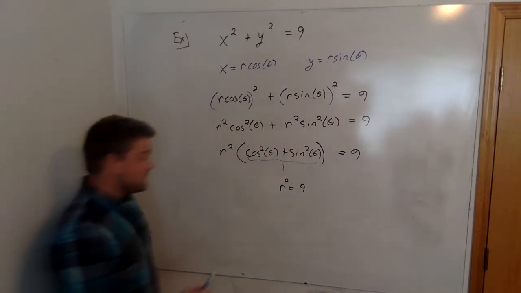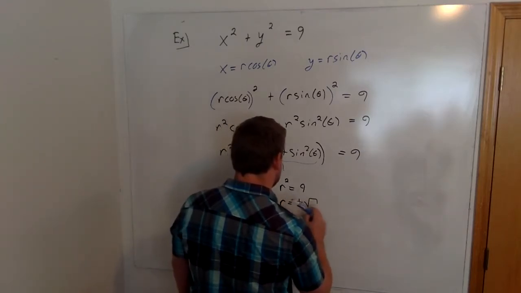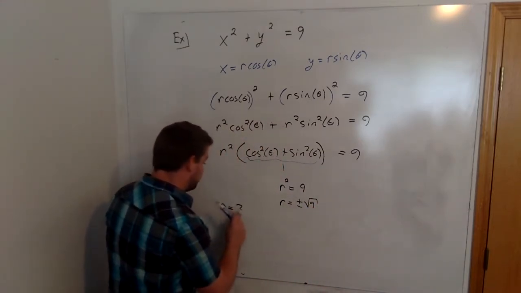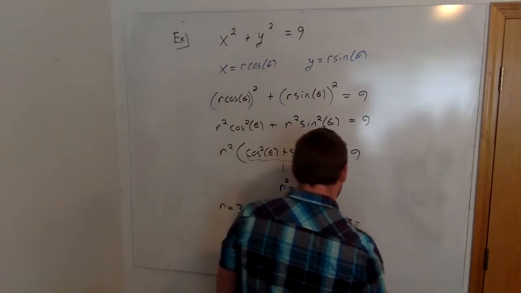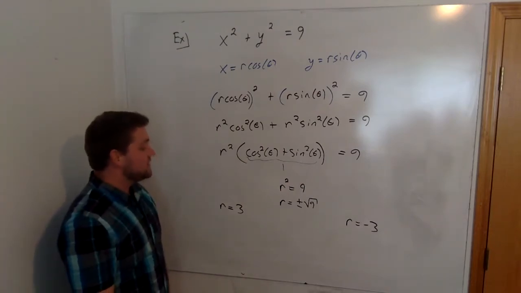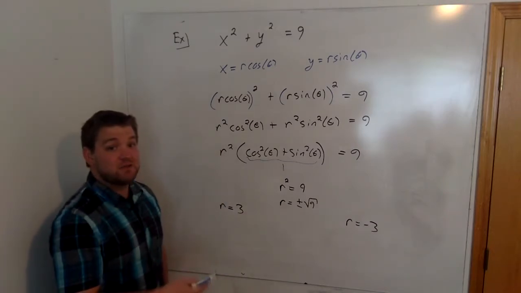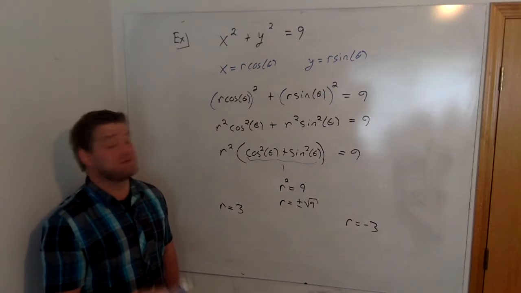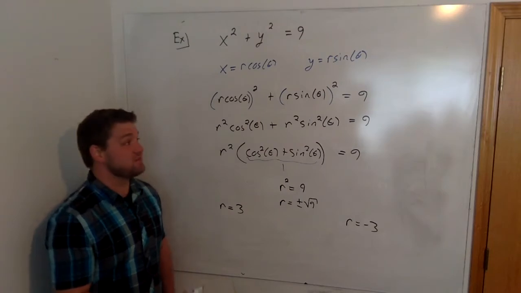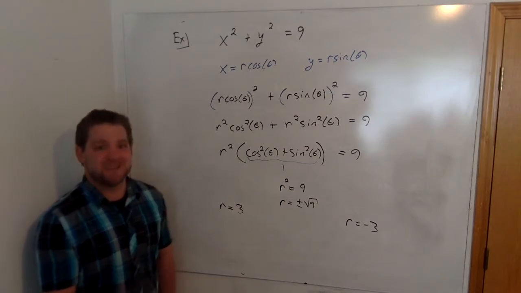We could square root both sides, and we could say that r could be equal to the plus or minus square root of 9, so r could be equal to 3, or r could be equal to negative 3. So we have two different versions here. That's saying that the equation x squared plus y squared being equal to 9 can be represented in two different ways in polar coordinates. This shouldn't be surprising, because in the last video we learned that polar coordinates, at least for points, don't have unique representations.